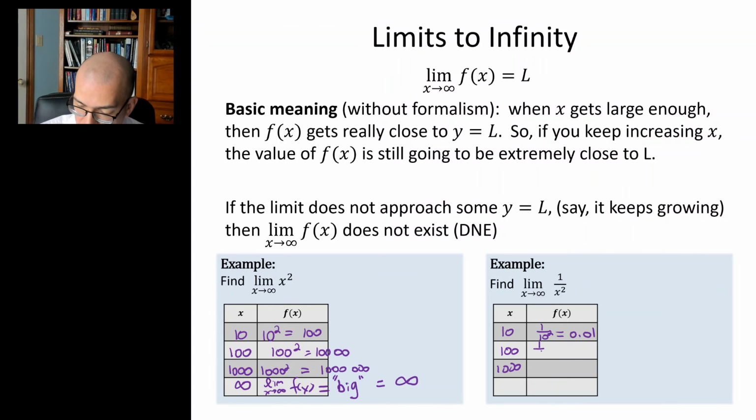1 over 100 squared, so that'll be 0.00. Let's see, I have to add 2 more zeros, right?